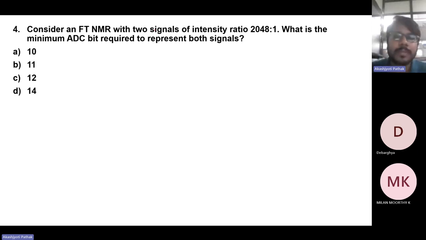Here the ratio of the strongest signal and the weakest signal that needs to be recorded is given. The strongest signal that you need to record is 2048, and the weakest signal that needs to be recorded is 1. Based on this information, you have to tell how many bits will be required so that both the weakest and the strongest signal can be represented.